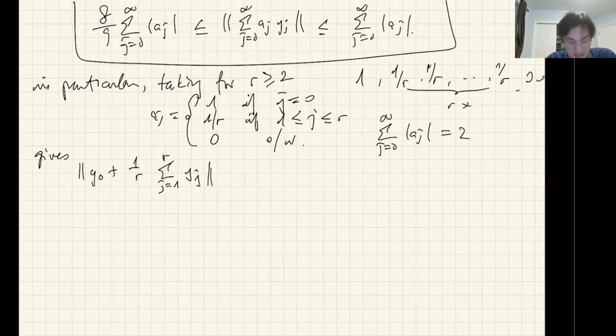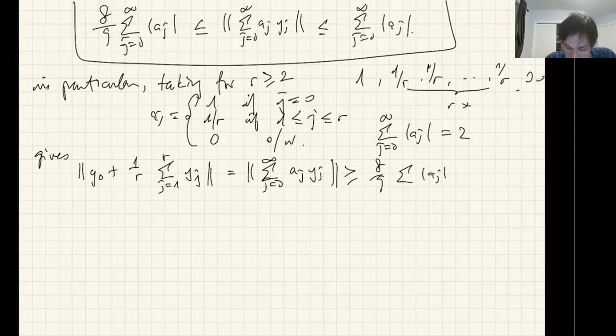So that's just the sum of aj yj here. So this is equal to the sum j equals 0 to infinity of aj yj. And by this, it needs to be greater than 8 over 9 times the sum of the aj's, which is this times 2, so that's equal to 16 over 9. And this is for all integers r.